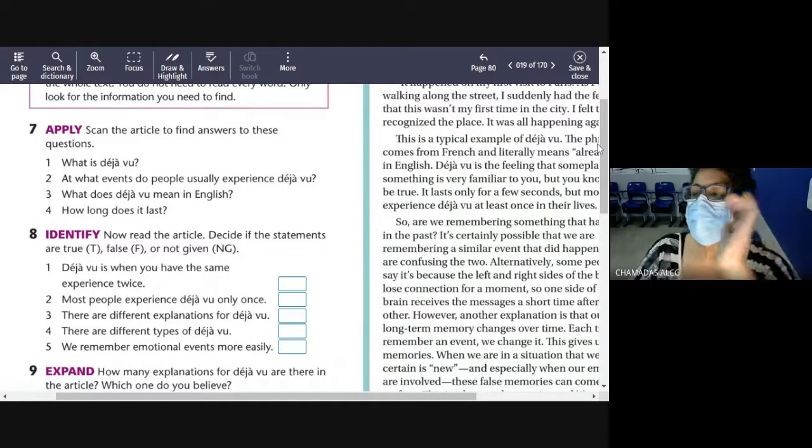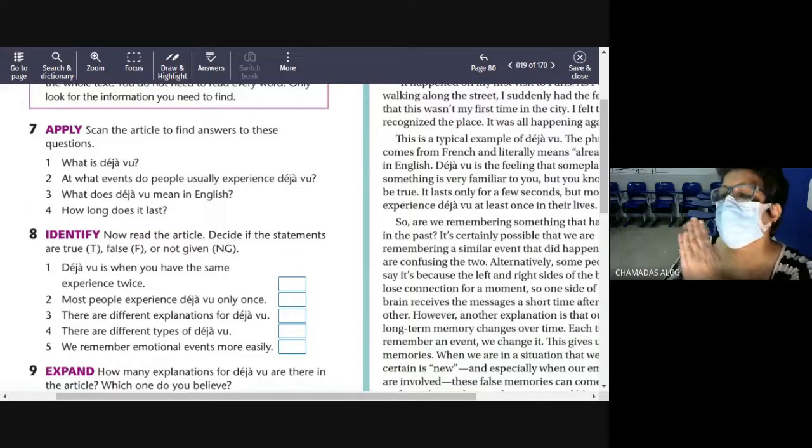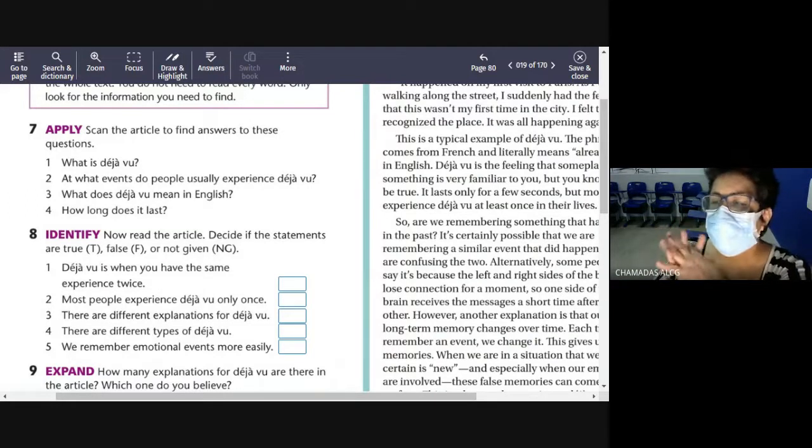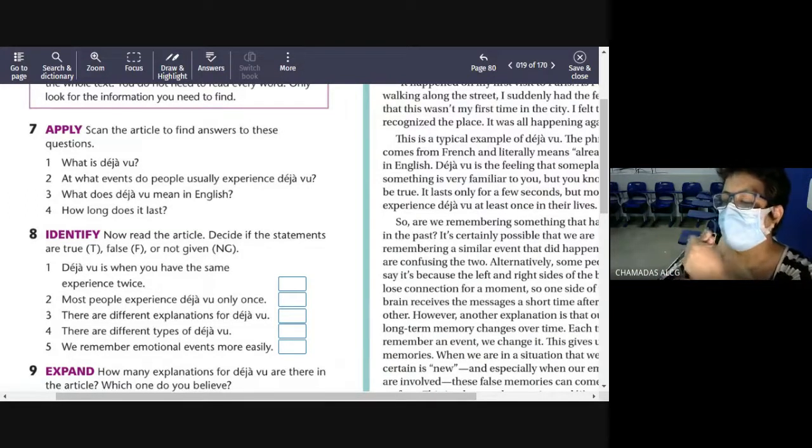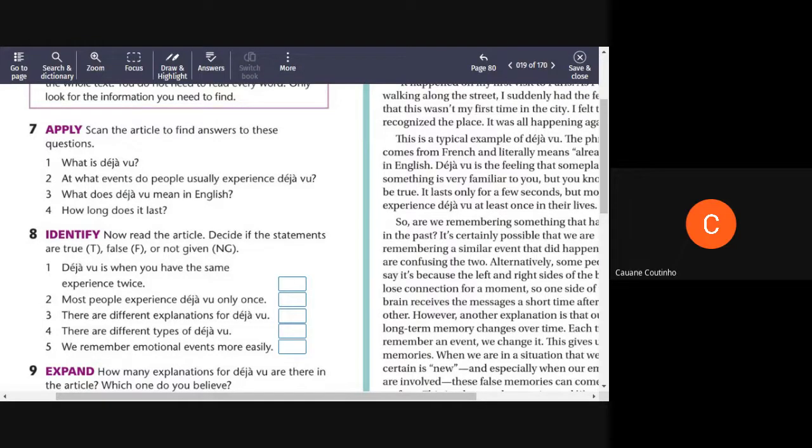So, what is déjà vu? It is when you recognize a situation or a place you never was there.